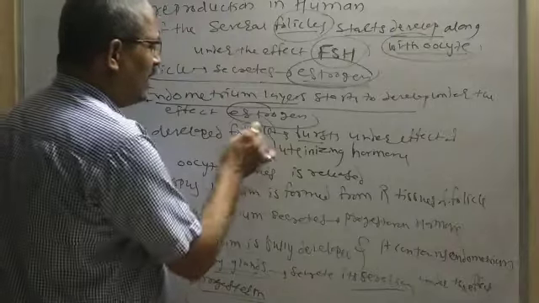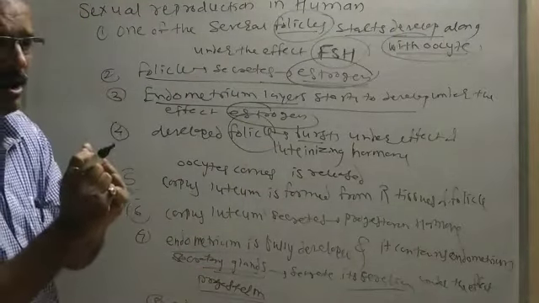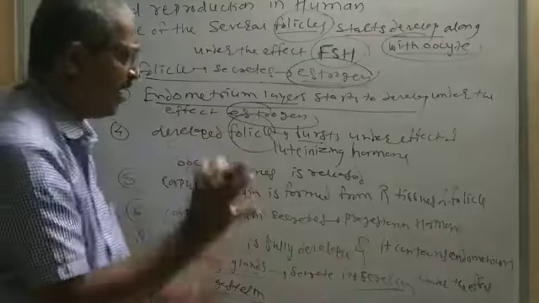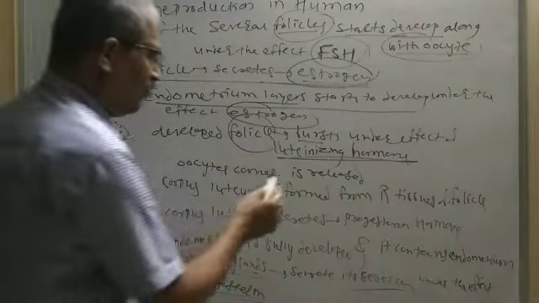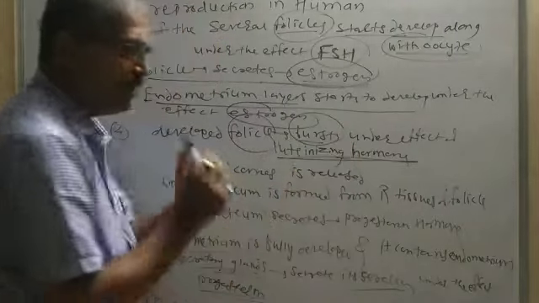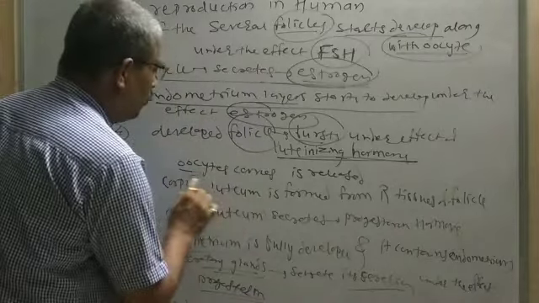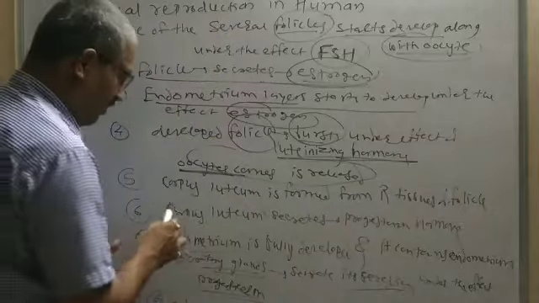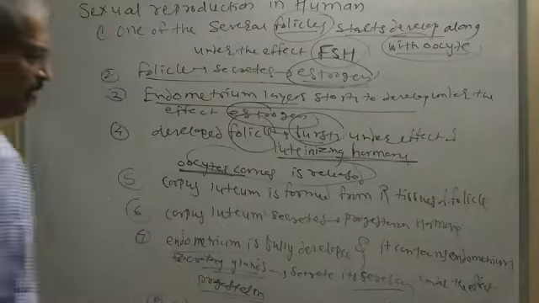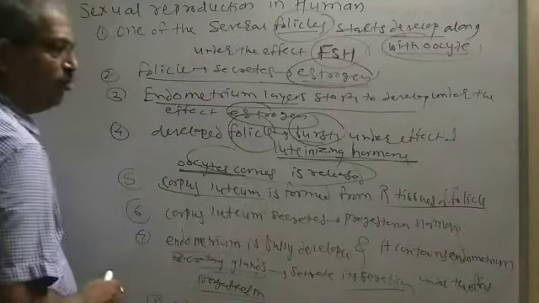Till that follicle itself gets developed, and this developed follicle bursts under the effect of luteinizing hormone. Then the oocyte is released, and the remaining tissues of the follicle are used to prepare the corpus luteum.